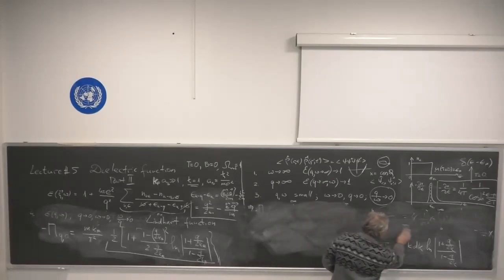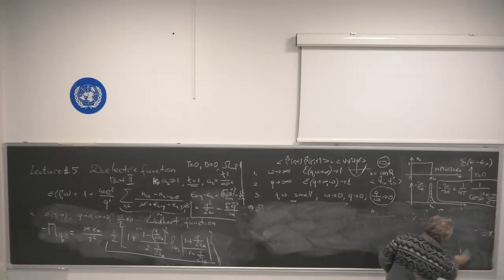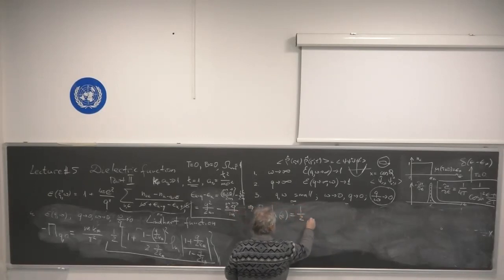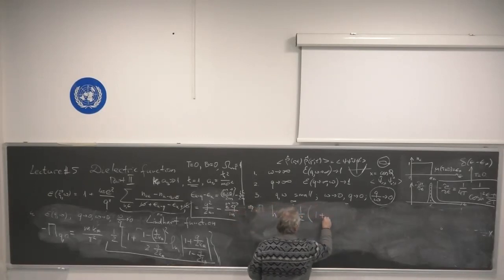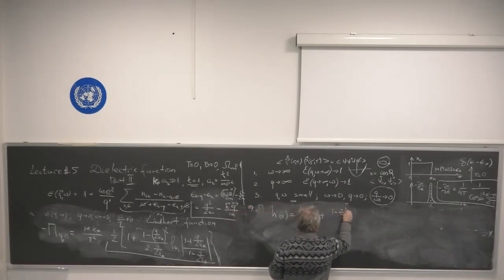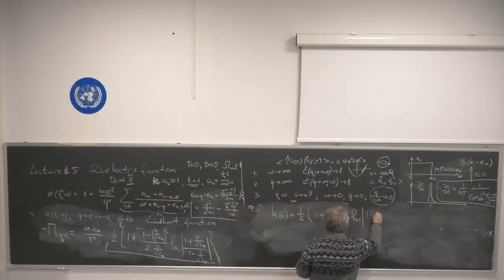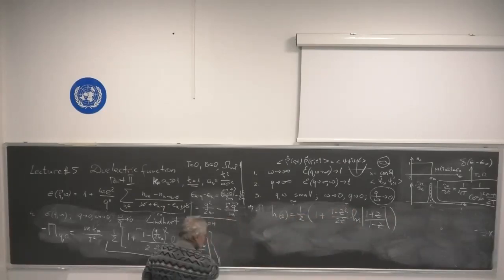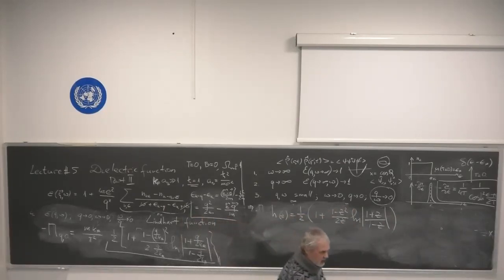Again, this is the exact form of static polarization. We define the dielectric function h as a function of z as 1/2 times (1 plus (1 minus z squared) over 2z log (1 plus z) over (1 minus z)), where z is equal to q divided by 2k_F.